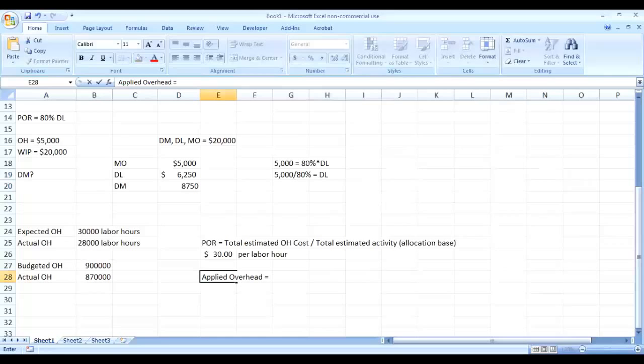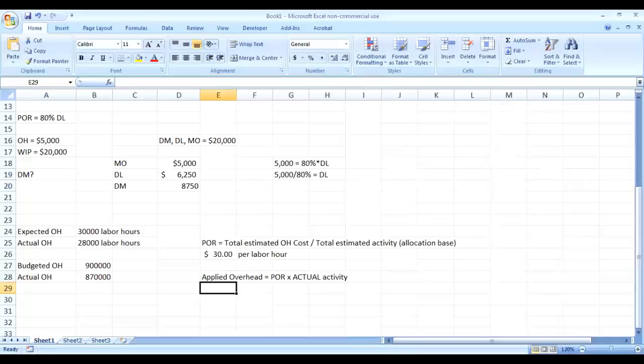Half of it is, yeah. It's always our predetermined rate, that rate we've estimated, times our actual activity. And you would define that at the end of the period? Yes, or during the period if we're using job order costing, as back in Chapter 2. We may apply overhead during the period when we're determining labor for a job. So again, applied overhead is always based on our actual activity factored by that predetermined rate.